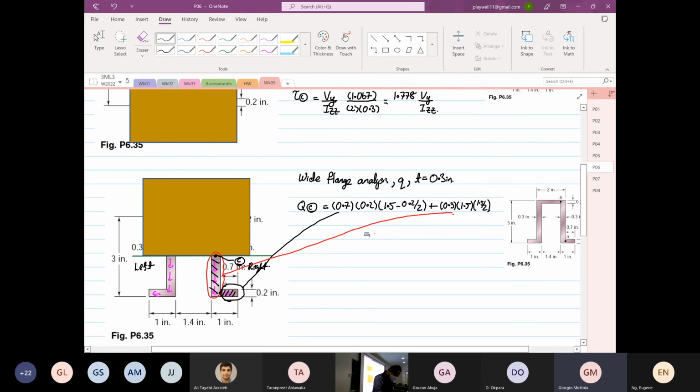So it's 0.196. Let me write better. It's equal to 0.196 plus 0.3 times 1.5 times 1.5 divided by 2, which is 0.3375. So 0.196 plus 0.3375 is equal to 0.5335.